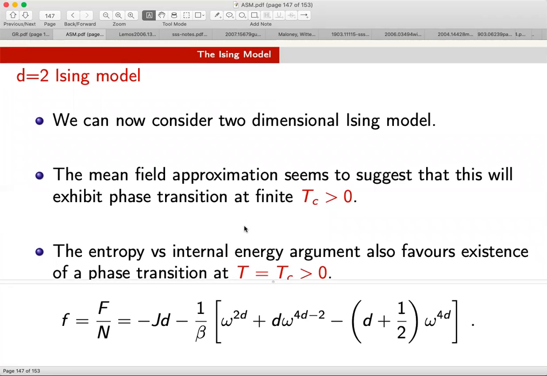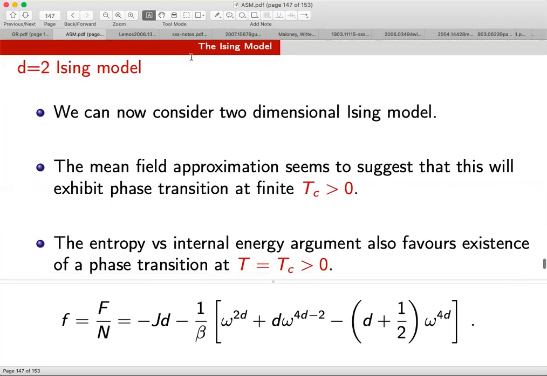Instead, we try to create an argument which would try to show that maybe the model doesn't have any transition. Okay. So to start with, of course, the mean field theory approximation that we had studied seems to suggest that the system should show phase transition at some finite temperature.